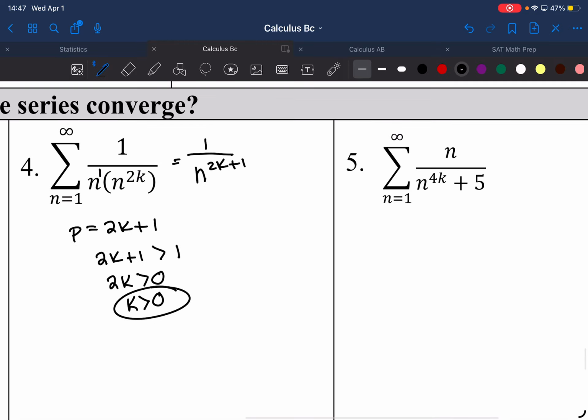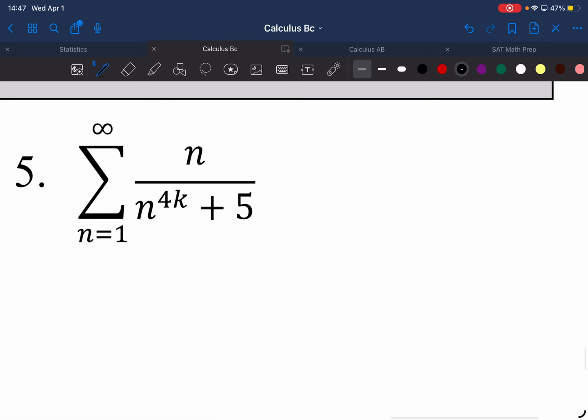And then the last one, number 5, notice how this summation is different because what is in the numerator that's not in any of the other numerators? Good, and a variable. So if we look up at our definition of a p-series, notice that the p-series says that the numerator has to be 1. Okay, so we need to manipulate the equation on 5 so we have a 1 in the numerator. Okay, well, the easiest way to do that is to just divide every term by n.